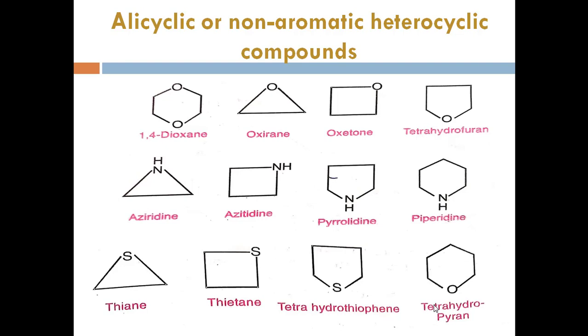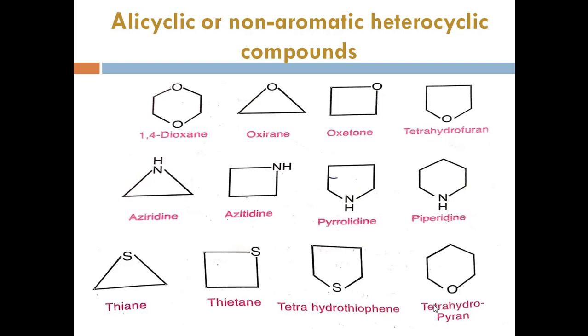In 4n plus 2, the small n is the number of rings present in the compound. Here in all structures the ring is 1, that means n equals 1. So putting the value into the equation, 4n plus 2 becomes 6, right? So in a structure containing one ring, there should be 6 pi electrons, or 6 delocalized electrons in resonance.